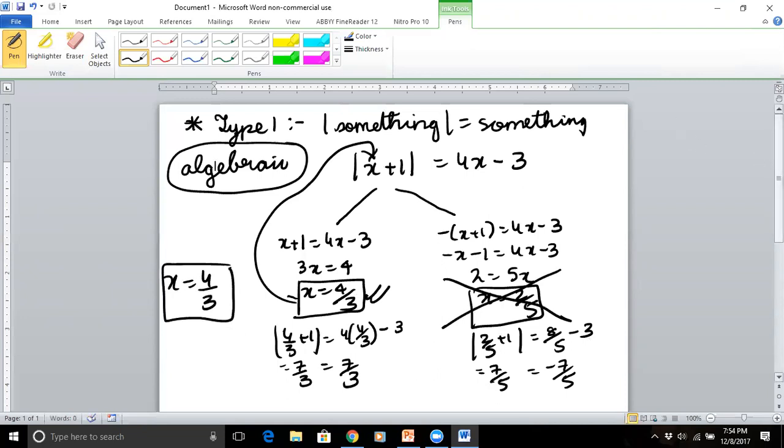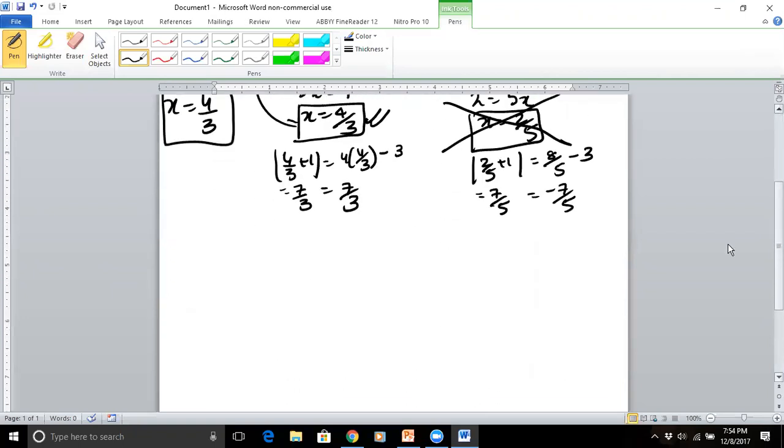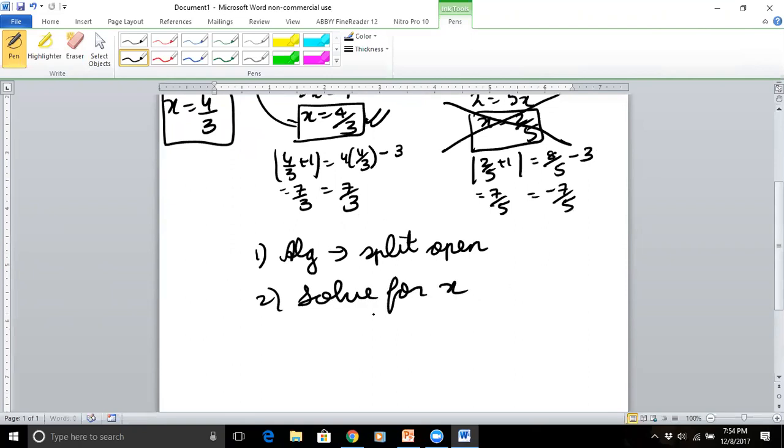Okay, so I'm going to give you a brief explanation in a nutshell. First, whenever you see a question of a modulus which falls under type 1, and type 1 would be mod of something equal to something, the first step is to use the algebraic approach of the mod, split open the mod. Second, solve for x or the variable.